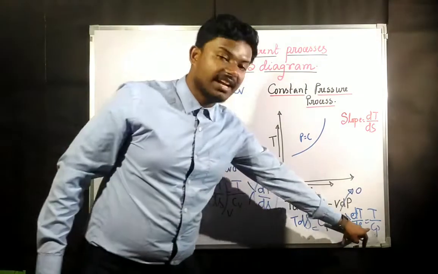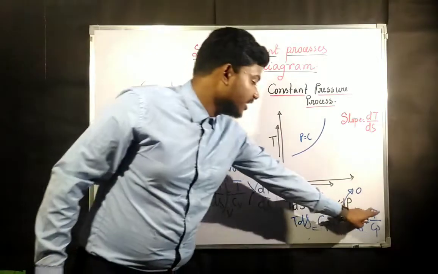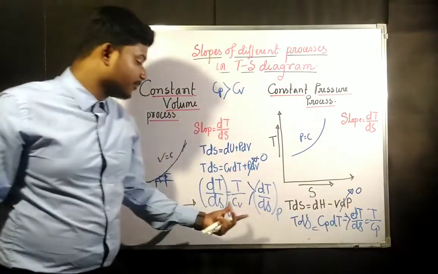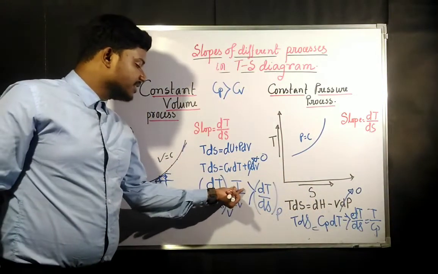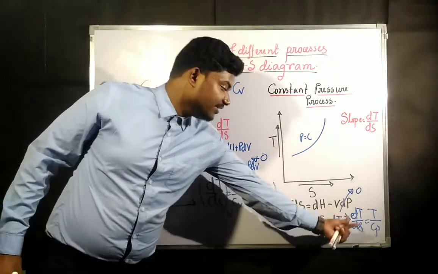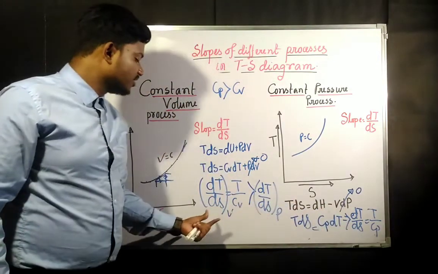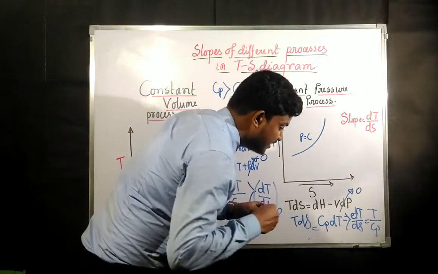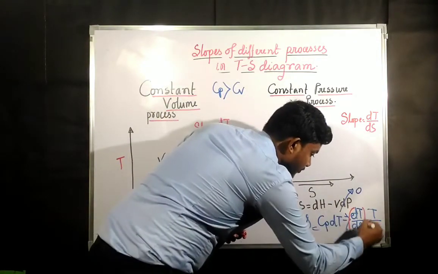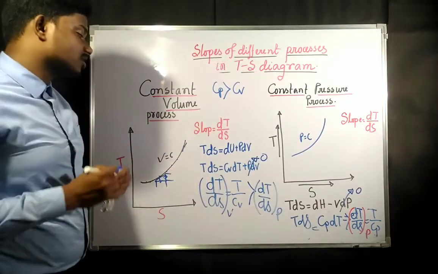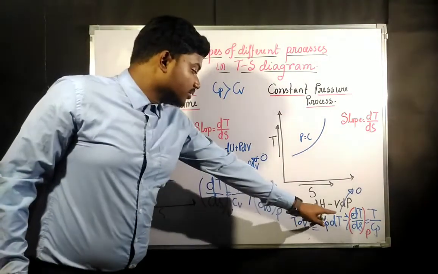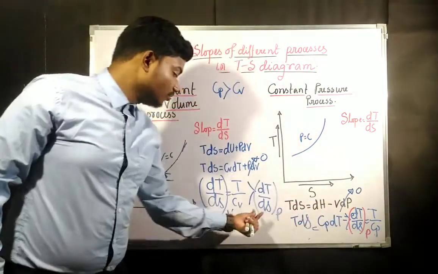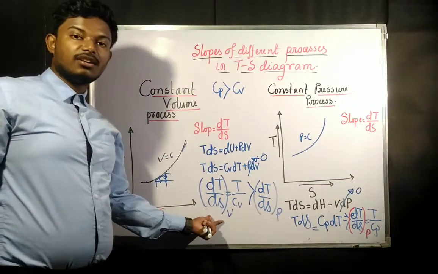Cp is greater but it is in the denominator, so this value will be smaller. So T by Cv is always greater than T by Cp. That means the slope at constant pressure is always smaller than the slope at constant volume.